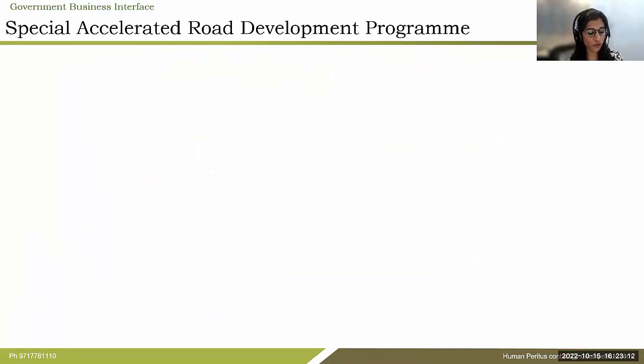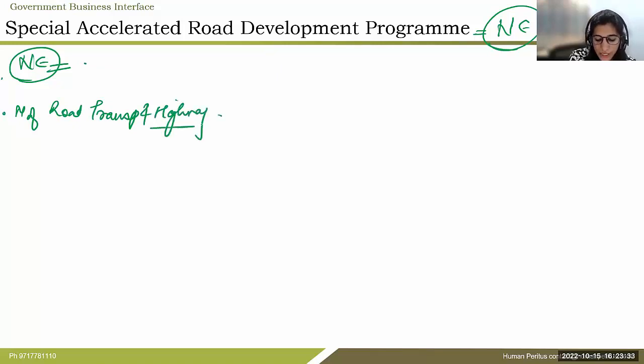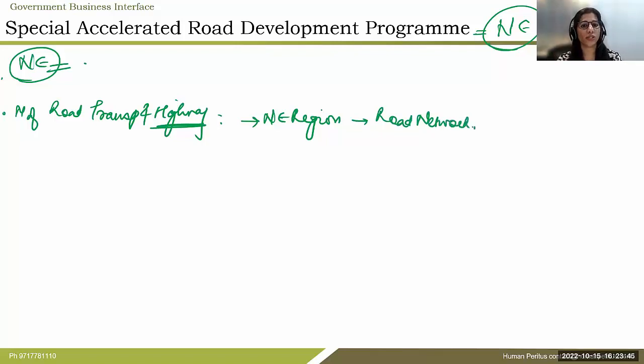Next one, special accelerated road development program. All right, this program was for northeast specifically. Northeast के लिए program था. And here the Ministry of Road Transport and Highways initiated this program for the northeastern region, for the development of road network, because there is hilly, challenging terrain in the northeastern region.